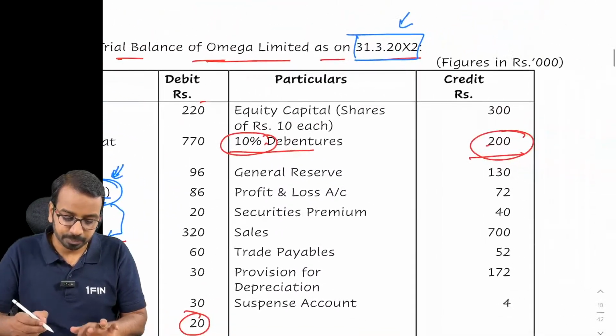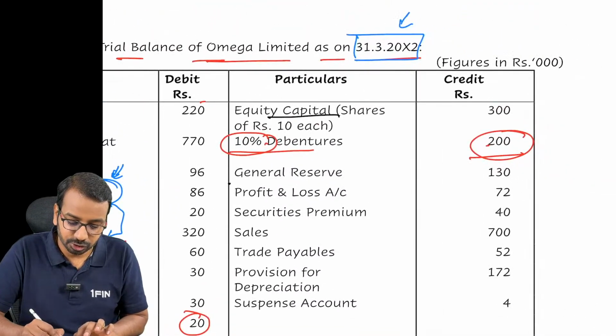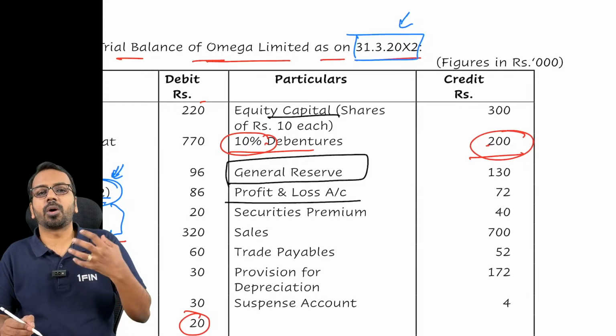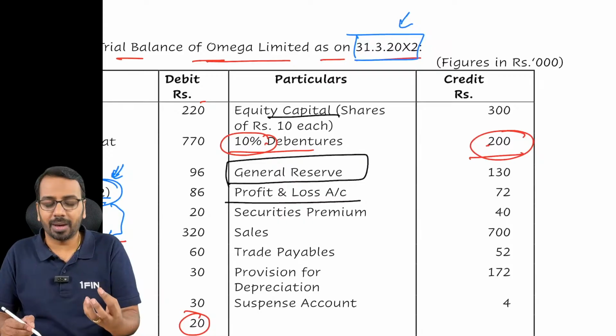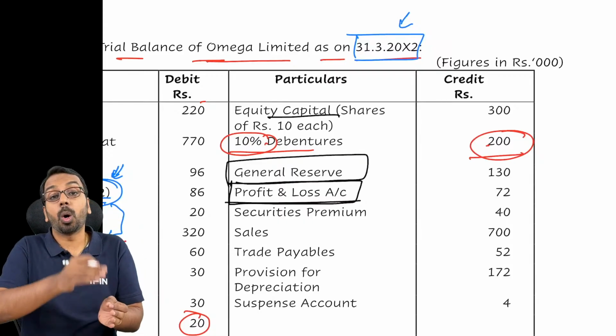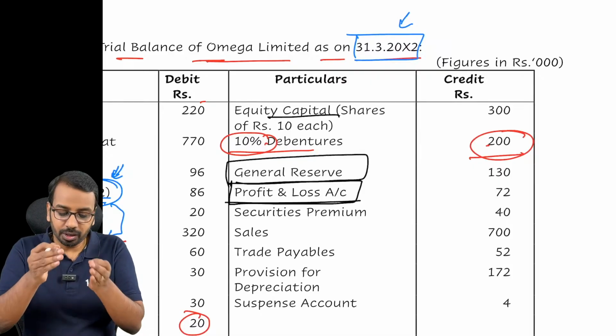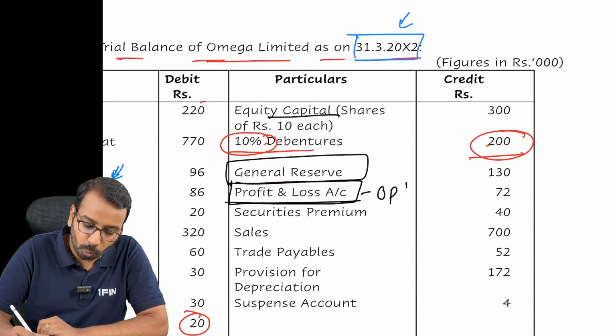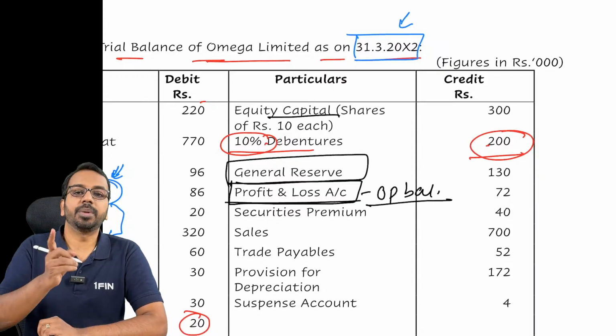Then equity share capital is given, general reserve is given, P&L account balance is given. Now, sir, what is this general reserve? What is this P&L balance? This profit and loss account that you see on the credit side of your trial balance, this is the opening balance of P&L.